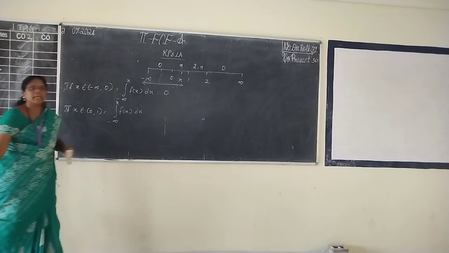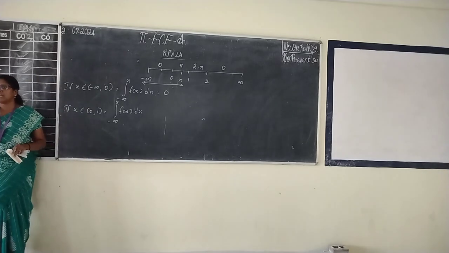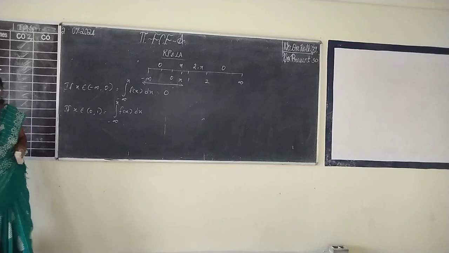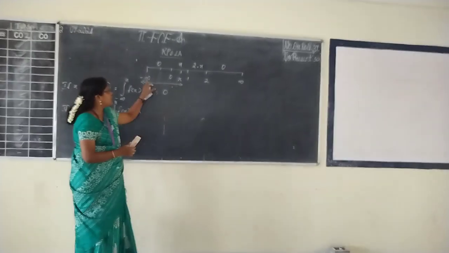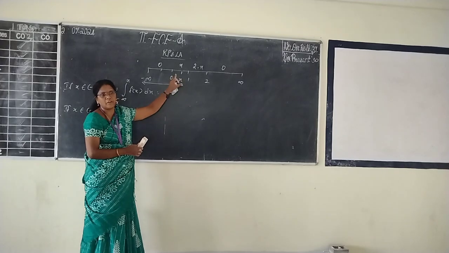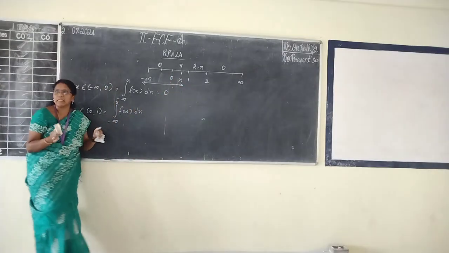Is it one integration or two? There are two parts: for minus infinity to 0 one f of x, and for 0 to x another f of x. So you have to split them into two integral parts.